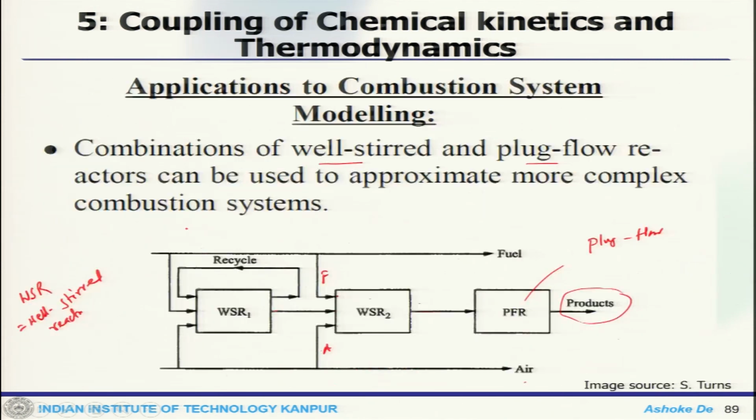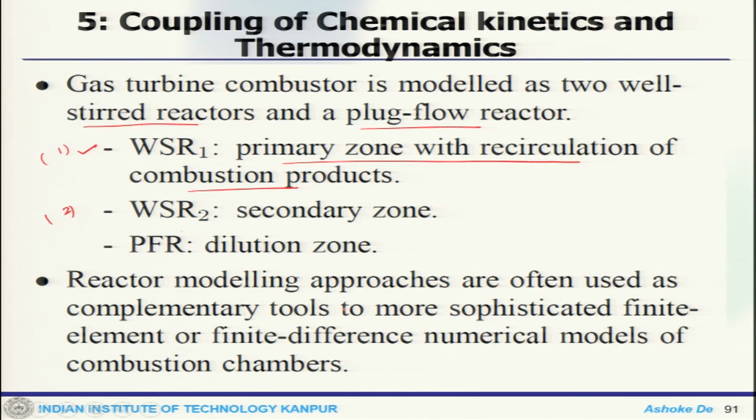secondary zone. So, if you go back to this schematic, this is where air comes in, fuel comes in. They react, and the recycling is essentially because of the swirling flow, the recirculation bubbles that bring things back. So, this is one well stirred reactor, then you add some more fuel, and this is the second well stirred reactor, and finally, the plug flow reactor in the dilution zone. This reactor modeling approach is often used as complementary to more sophisticated finite element or different numerical models for the combustion chamber.